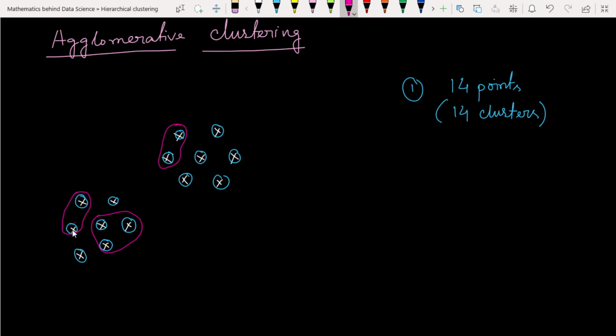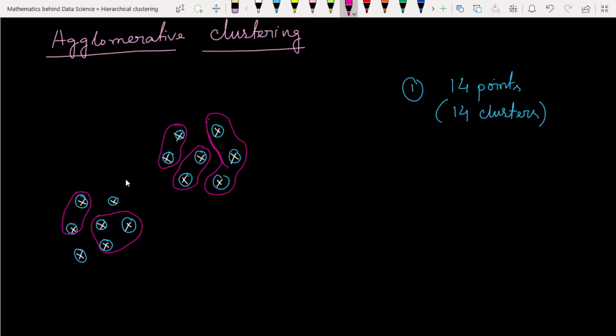The closest points are taken and made into a single cluster in the second iteration.